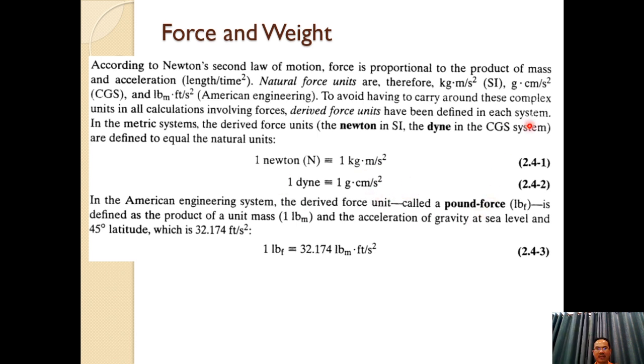Also, if you would like to convert to the American Engineering System, you use 1 pound force equals 32.174 pound mass feet per second square. This is the unit of force.